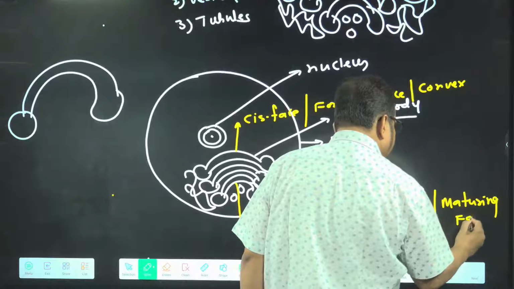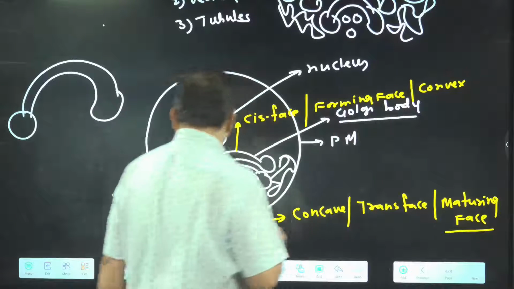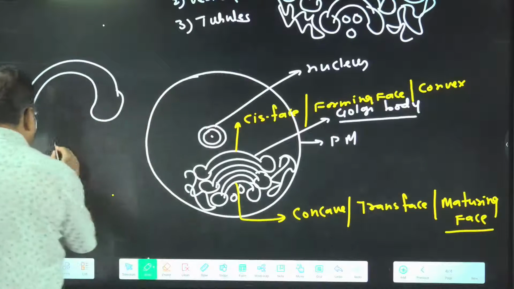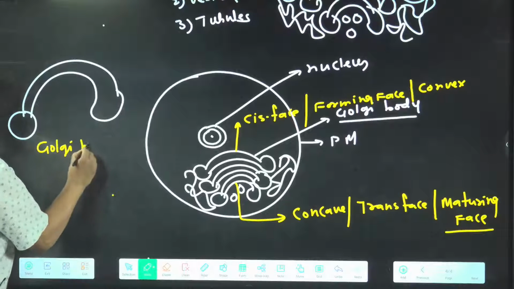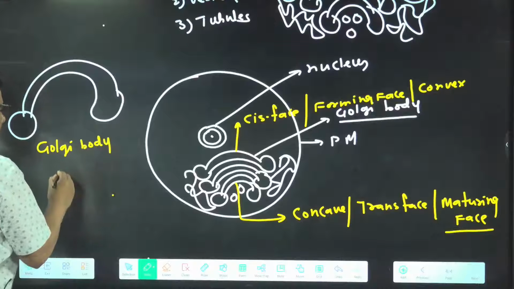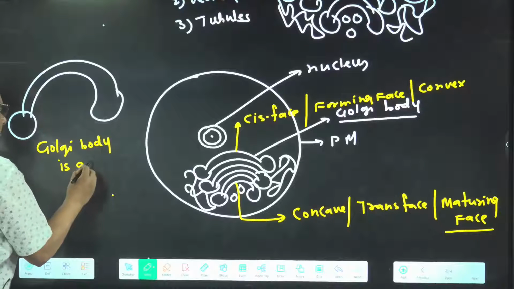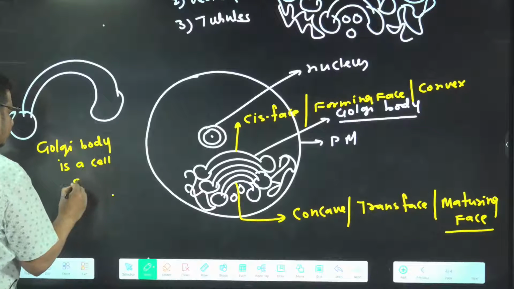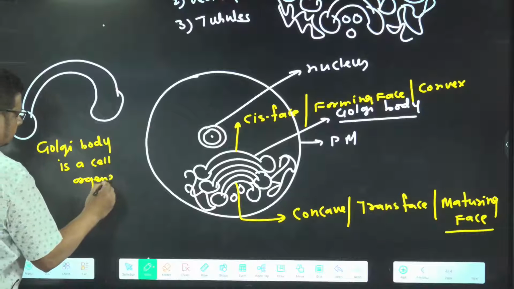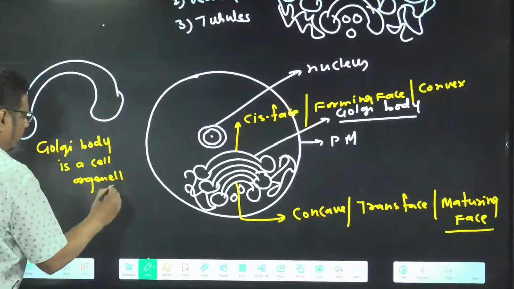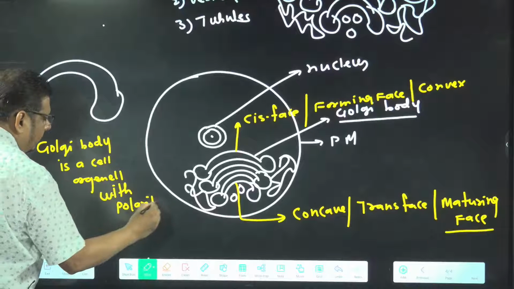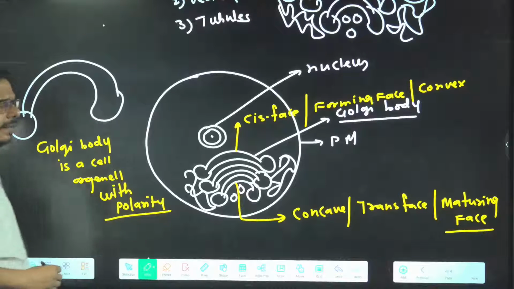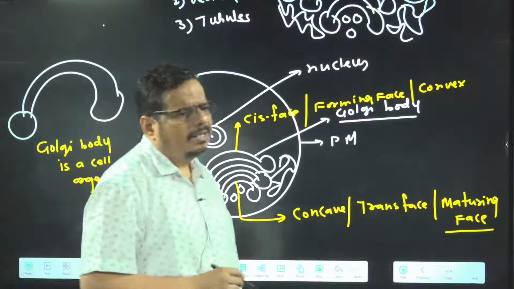So this Golgi body is a cell organelle with polarity. I am telling one as a cis face, another as a trans face.